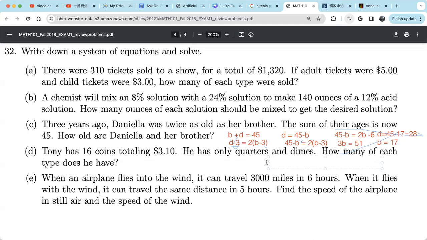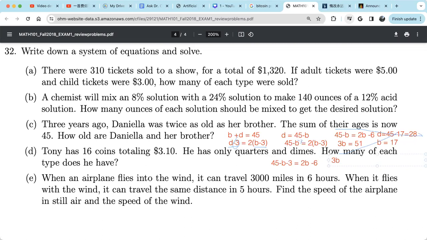So we should have 45 minus B minus 3 equals 2B minus 6, right? So now we add B on both sides, so we get 3B on the left.